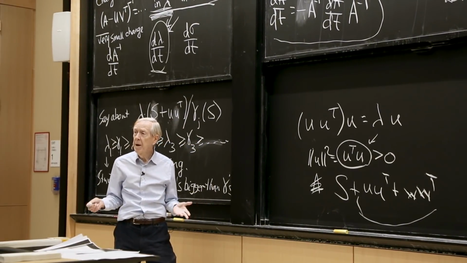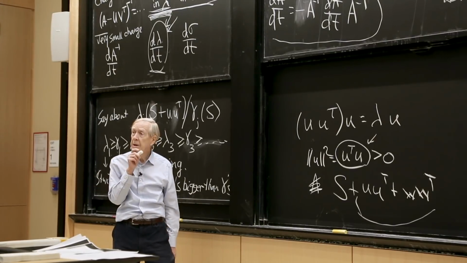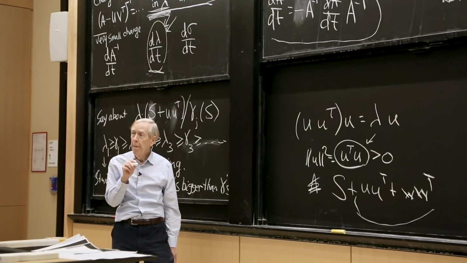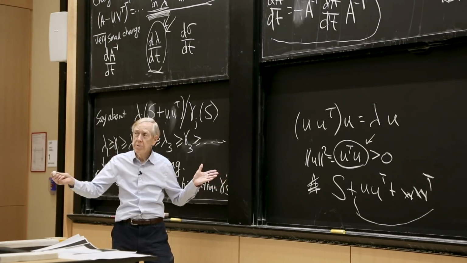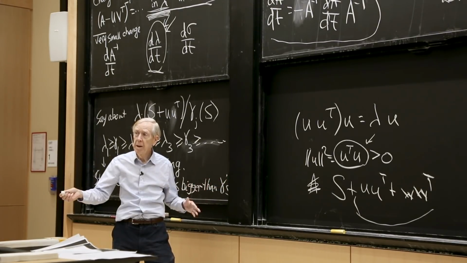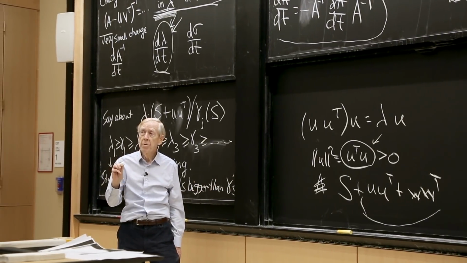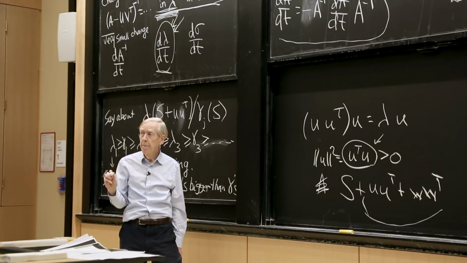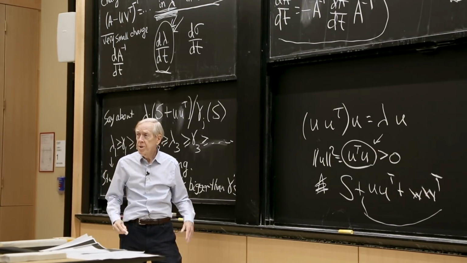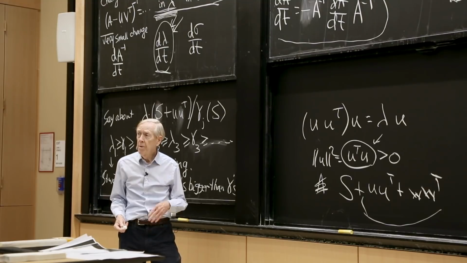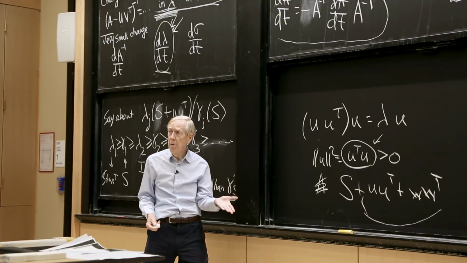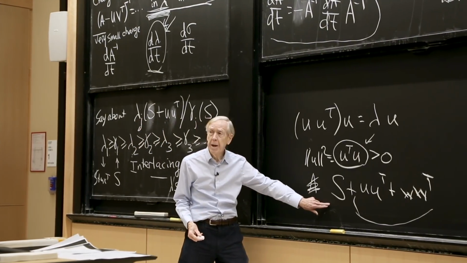And what can you tell me about the eigenvalues of that rank 2 matrix? So it's got n eigenvalues because it's an n by n matrix, but how many non-zero eigenvalues has it got? 2, because its rank is 2. The rank tells you the number of non-zero eigenvalues when matrices are symmetric.